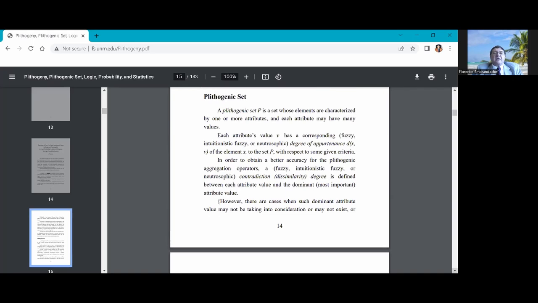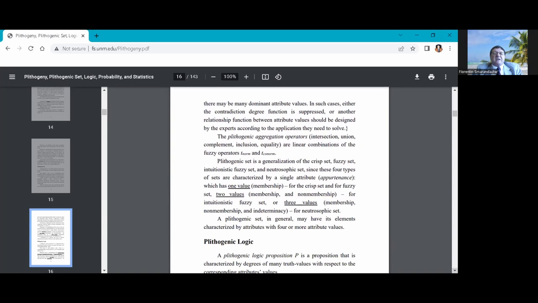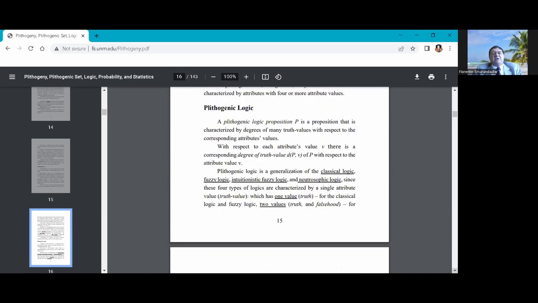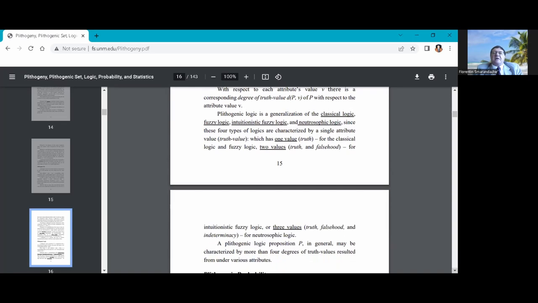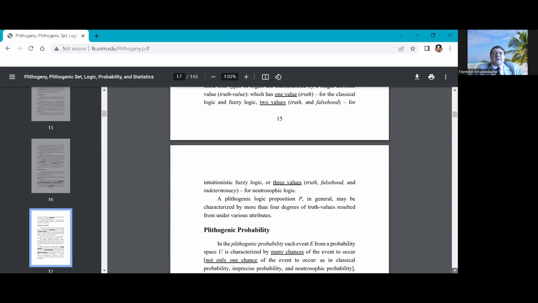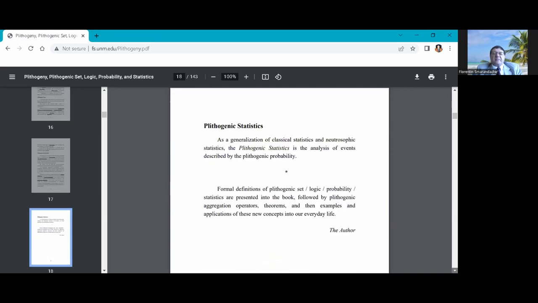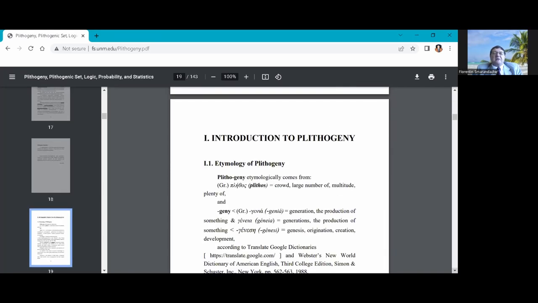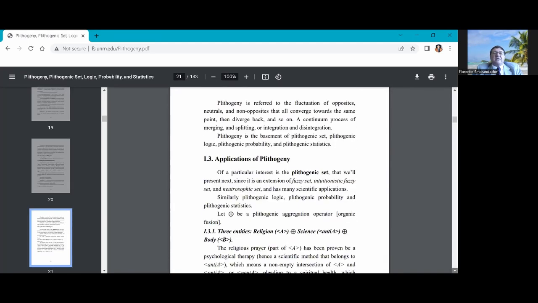So let's see some examples of pletogenic set. A pletogenic logic in the same way. So a proposition, for example, if we consider the logical proposition, it's evaluated by many sources. Similarly for pletogenic set and probability and statistic.